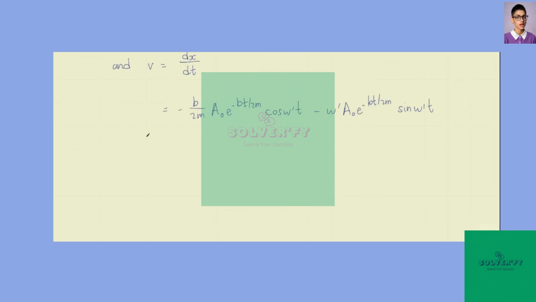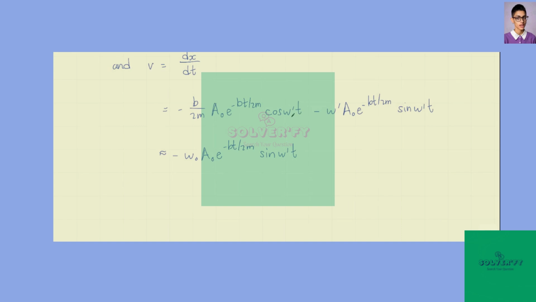And so we can write this to be approximately minus omega naught times a naught e to the minus bt over 2m times the sine of omega prime times t.